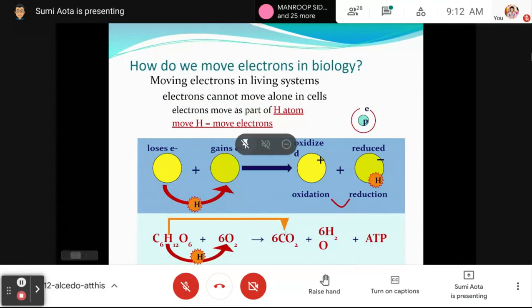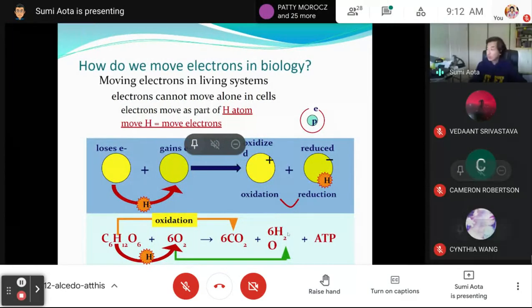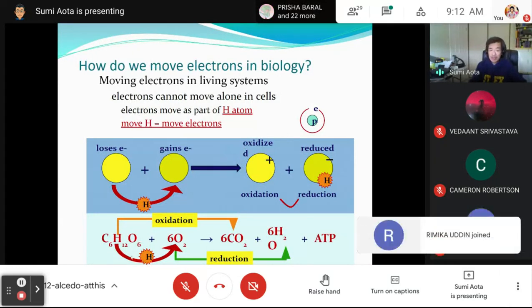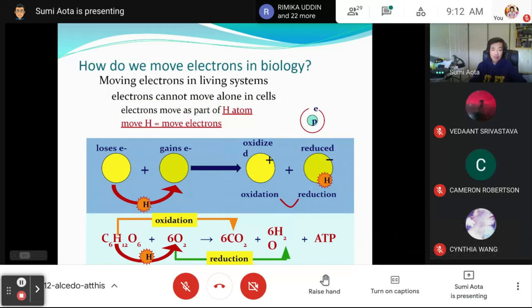So glucose becomes carbon dioxide. That's an oxidation. And we've moved the hydrogens onto the oxygen, which becomes water. That's a reduction. So it's still a redox reaction, but what we literally did is move the hydrogens from glucose to oxygen.